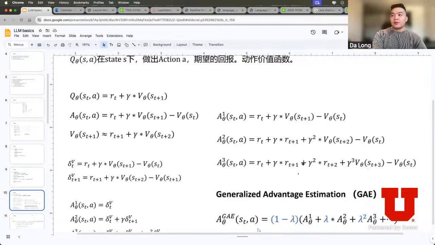I think the reason why we introduce more immediate rewards is that A3 or A4 actually has less bias but much more variance. So this one has less variance but is more biased. But as we introduce more immediate rewards, there is more variance but less bias.